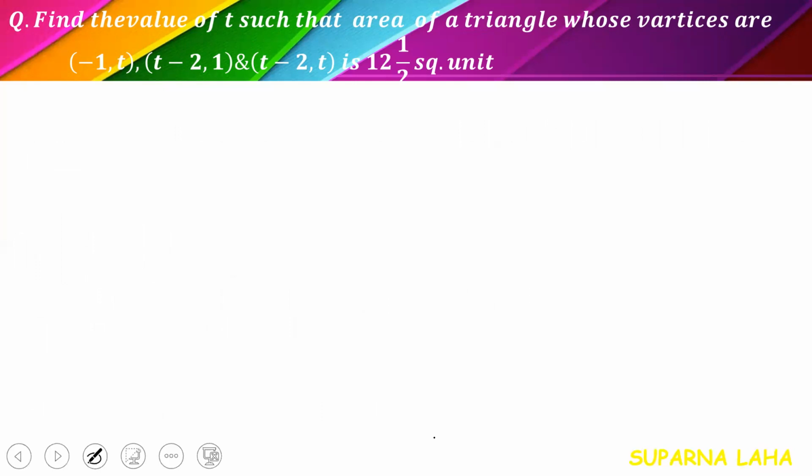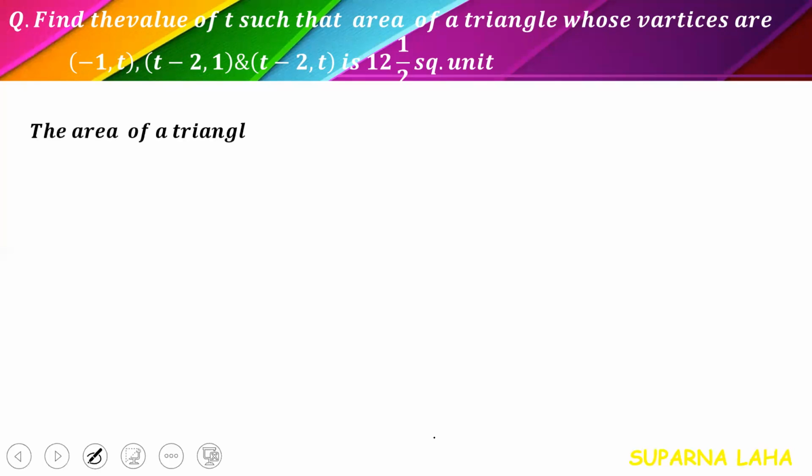Find the value of T such that the area of a triangle whose vertices are minus 1, T; T minus 2, 1; T minus 2, T is given by 12.5 square units. You know the formula for area.